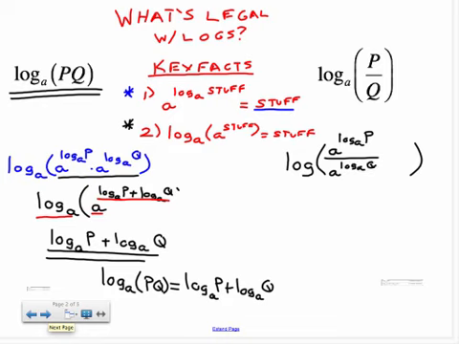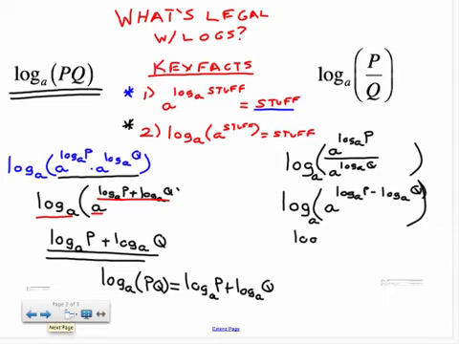We have a rule that says when I divide expressions with the same base, I may subtract their exponents. Keep the base the same. So this becomes log base A of A to the log base A of P minus log base A of Q. And now you use key fact number 2 that says log base A of A to the stuff is just the stuff.